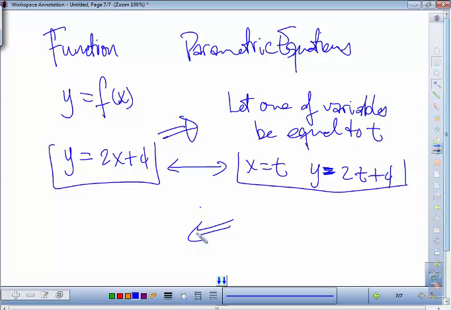Going from parametric to a function might not work so well, especially if these parametric equations don't pass the vertical line test. So it'll be a little bit trickier. But to go from parametric to a function, or to a relationship between x and y, what you would do is find a way to combine the equations. And usually, not always, you would isolate t in both equations and set them equal to each other.